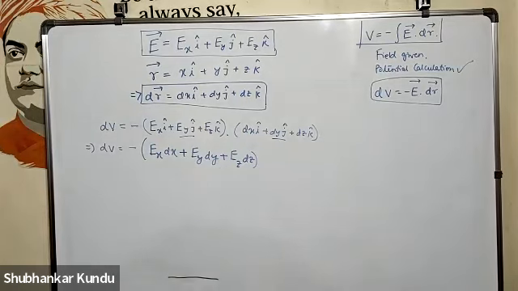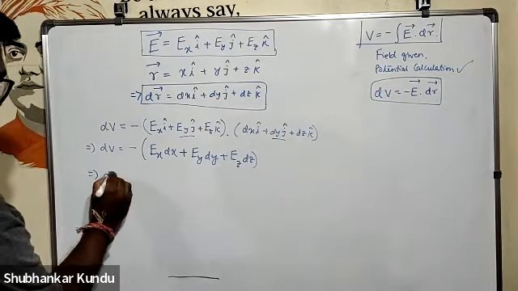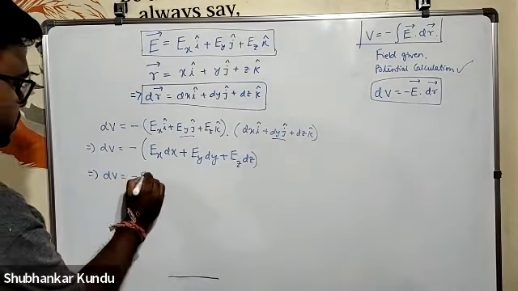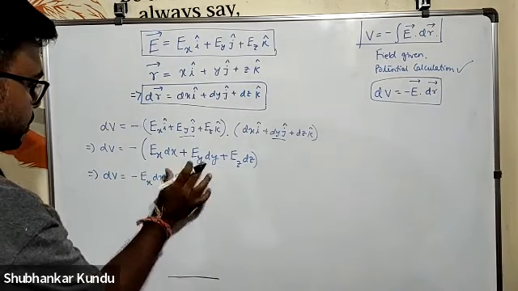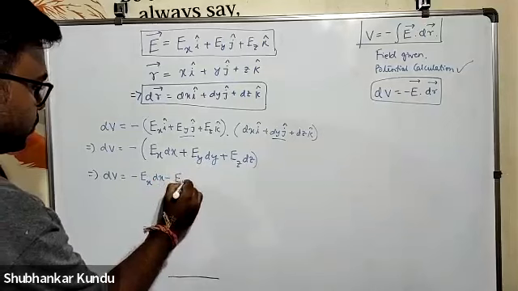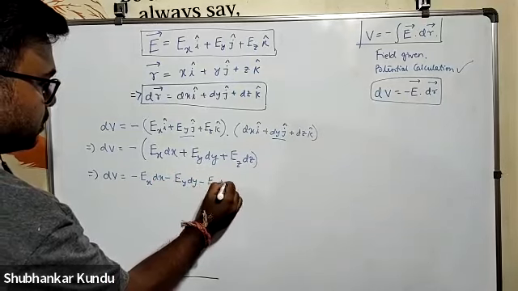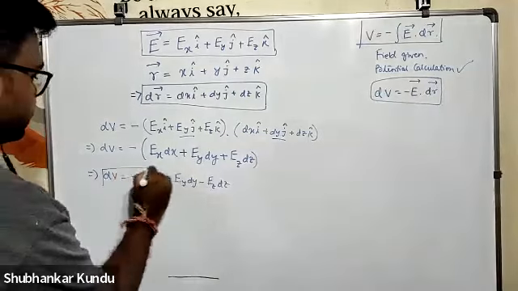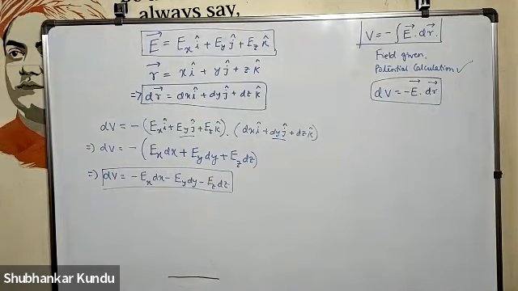This is where we have landed till now. Minus, minus, do it if you have to. dV is equal to minus Ex dx, sorry, minus Ey dy, minus Ez dz. We have landed up to here.